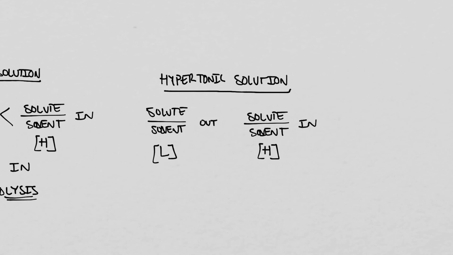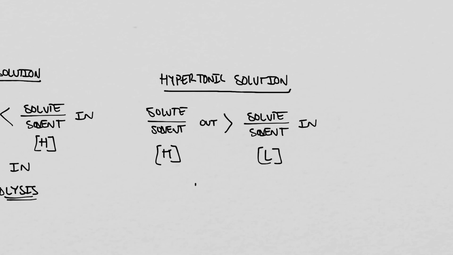Okay, so in this scenario, a hypertonic solution, the solute to solvent concentration outside of the cell is actually greater than the solute to solvent concentration inside the cell. So now we have to change our concentration gradients as well. Now we have a higher concentration of salt outside the cell and a lower concentration of salt inside the cell.